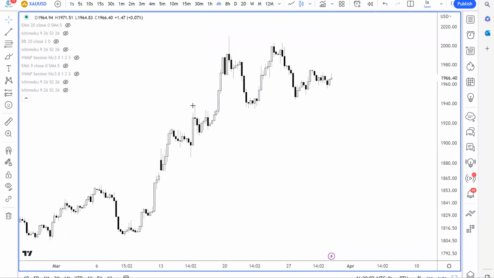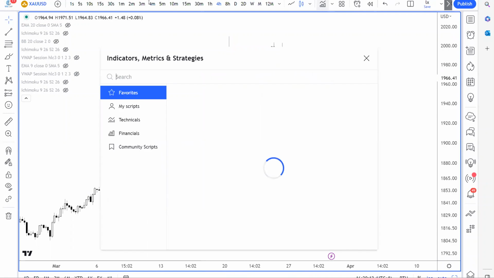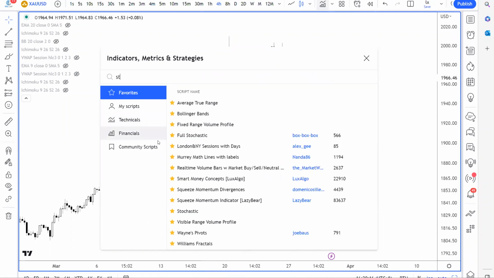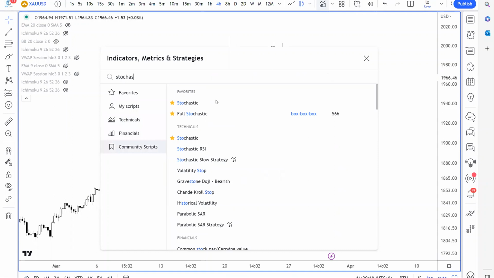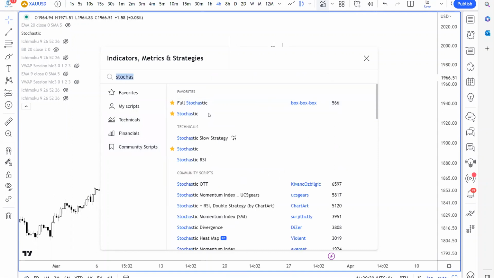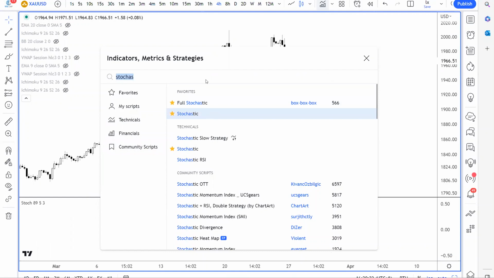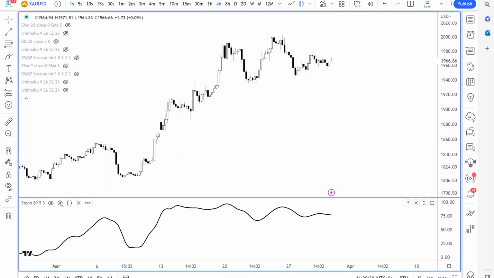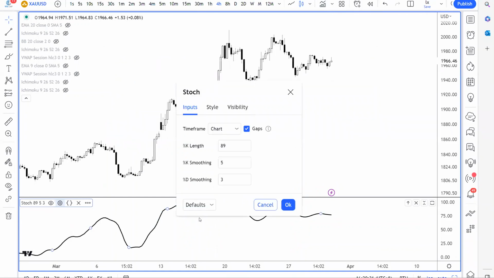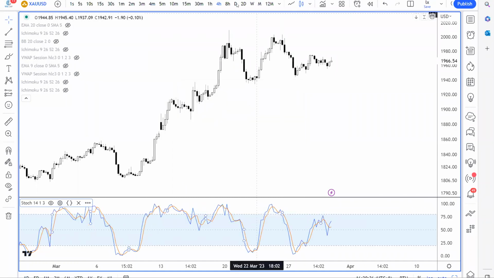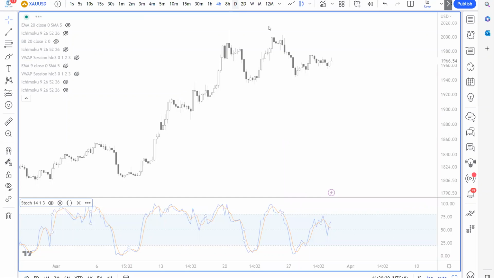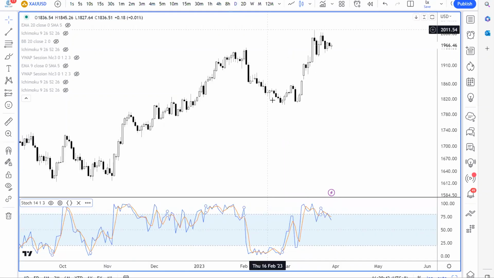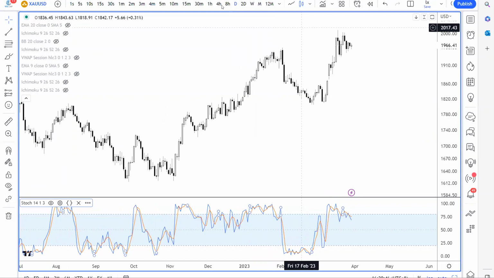Okay, so let me just load stochastics. For those of you guys who attend the live session, you will know that usually I start the analysis on the higher time frame.